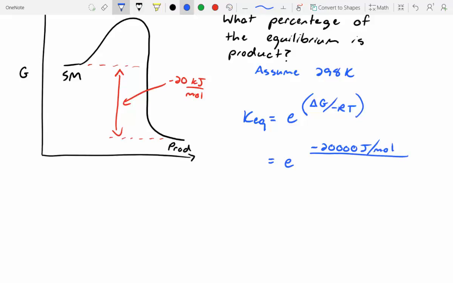Question for you guys. Why did I change 20 kilojoules per mole to 20,000 joules per mole? Yeah, if we look at our gas constant, it is in joules, not kilojoules. So that's a simple mistake a lot of people make, is they forget to make sure all their units cancel correctly. So I'll just quickly on the fly multiply it by 1,000.